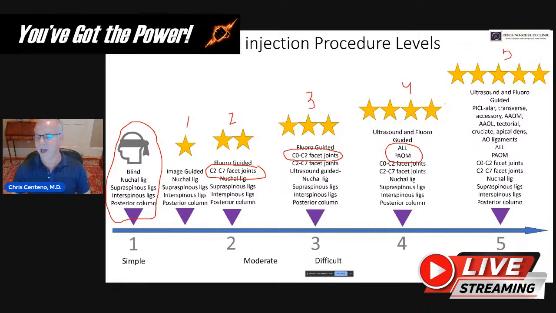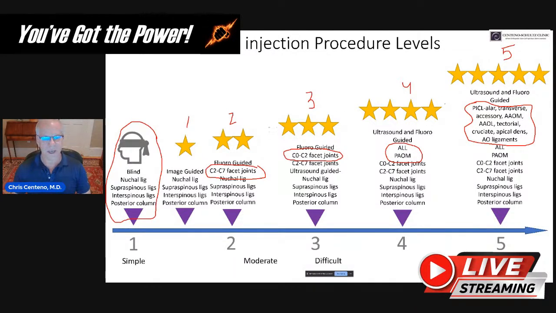And then a level 5 procedure where we're adding all of the anterior stuff, PICL, etc. So now we're getting at all of these harder to inject things that are in the front or super hard to inject in the back.